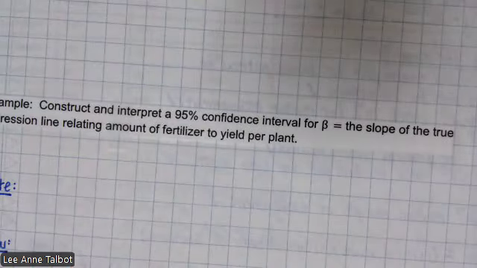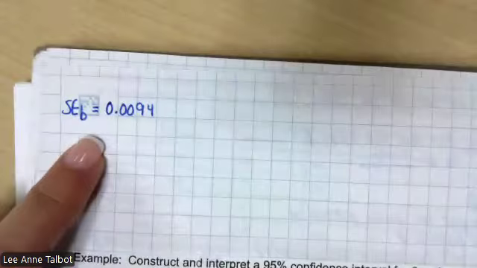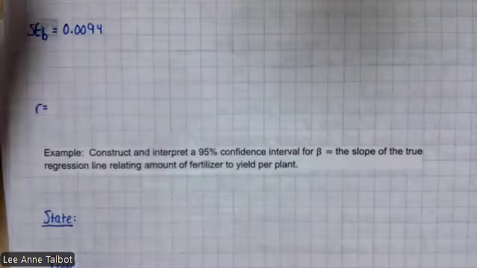Anyway, okay, so move to this side over here. All right, so standard error of the slope. This sentence is annoying, I'm just gonna warn you ahead of time. Standard error of the slope is 0.0094.